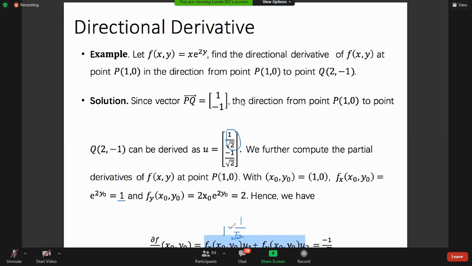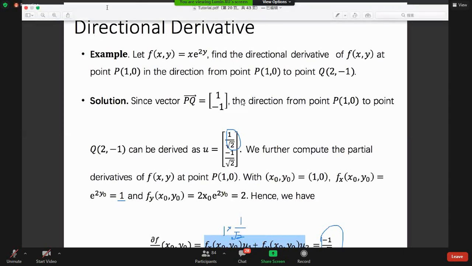Multiply them together. And also for this part, then we get a solution, right? So let's move on to the next example.